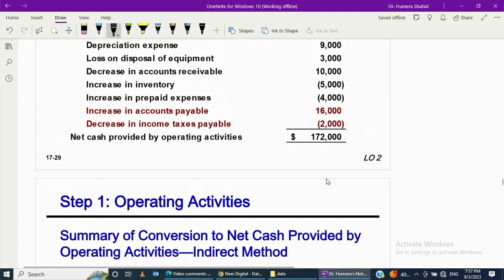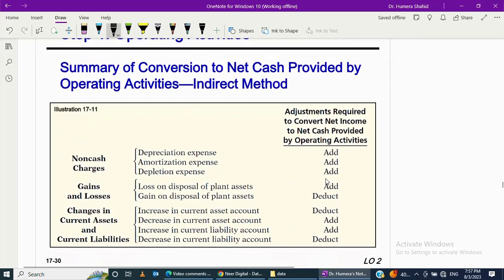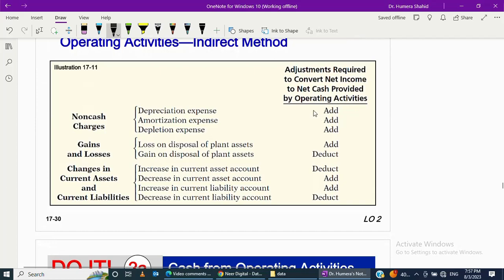So now I told you many things, how are you going to remember them? I'll give you a basic rule to remember these things. Number one, take the net income, add back depreciation, amortization and depletion if they are there. If one of them is there, add it. If two of them are there, add them.